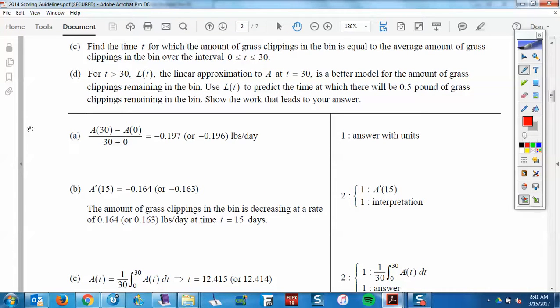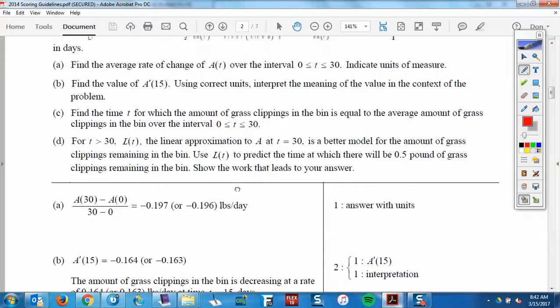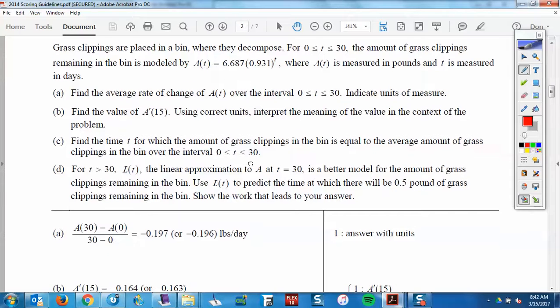Because A is the average rate of change. Oh, part A. Part A was average rate of change. Right, okay. I thought you meant function A.